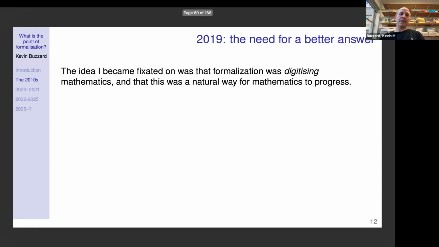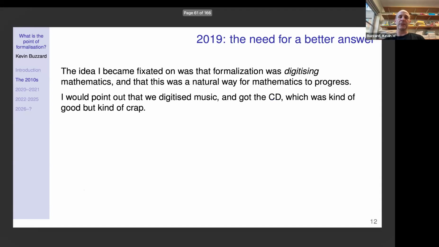I came up with this idea that if we were digitizing mathematics, and digitizing mathematics was bringing it into the 21st century, that was the selling point at this point. And I said, we digitized music and we got the CD, and the CD was kind of crap because you'd scratch it and it wouldn't work anymore and it would jump in weird ways.